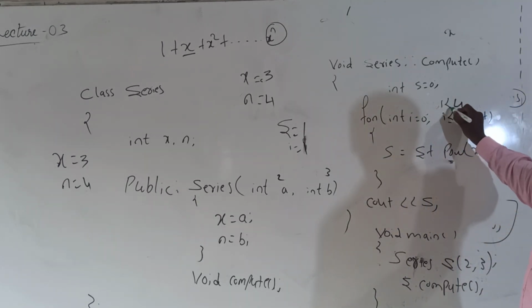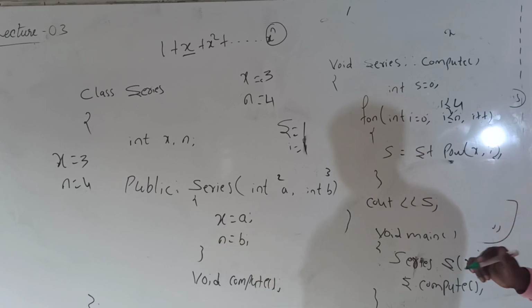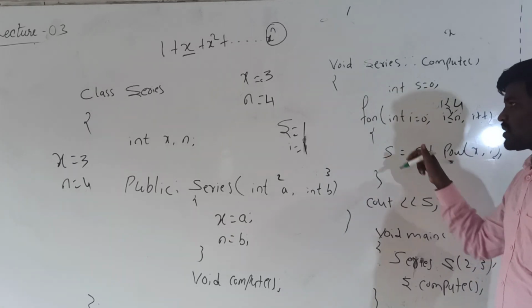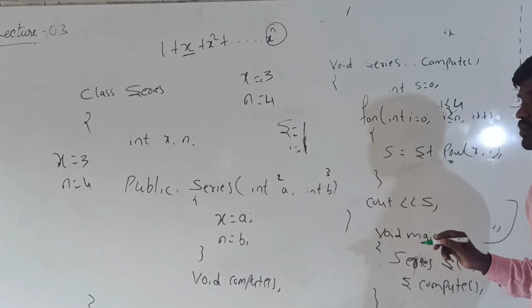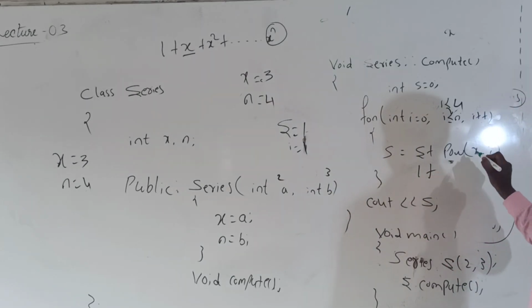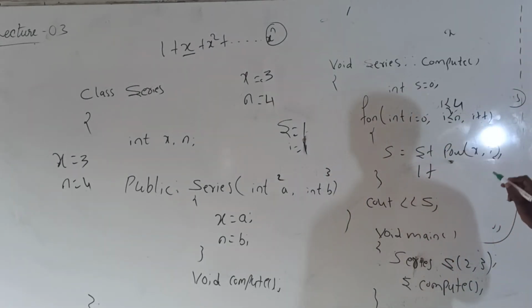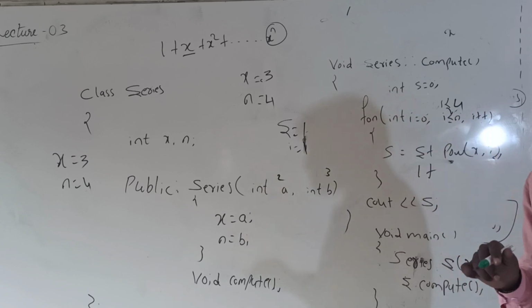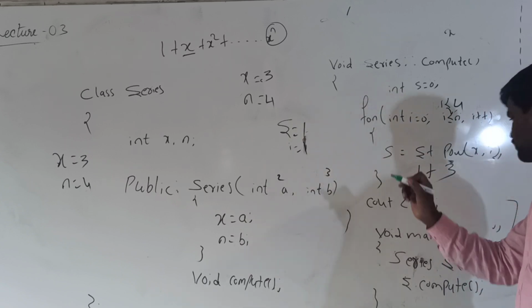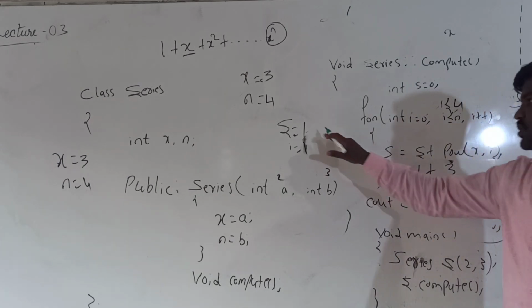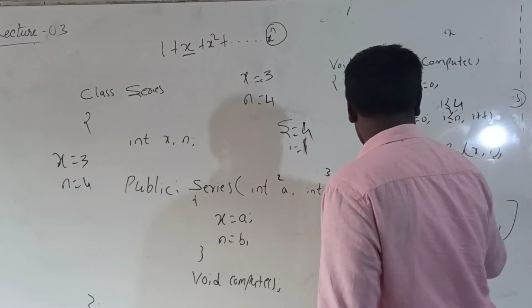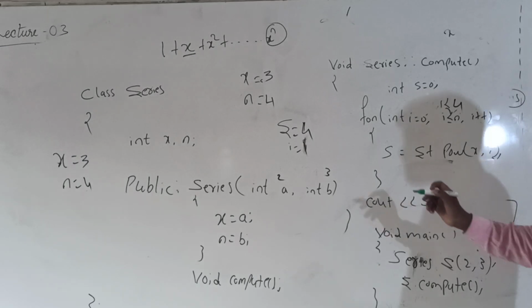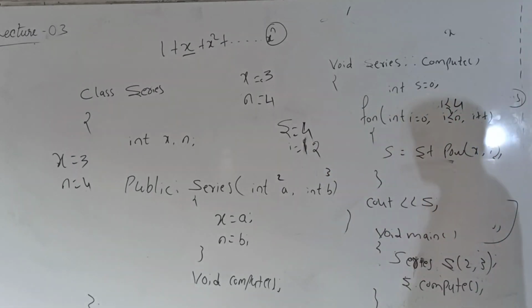So 1 is less than or equal to 4, again condition is true. See here, yes we have to consider this one, not the initial value. So 1 plus power of x is 3, 3 raised to 1 is 3, 3 plus 1 is 4, s value is 4. Next i++, i become 2, 2 is less than or equal to 4, again condition is true.